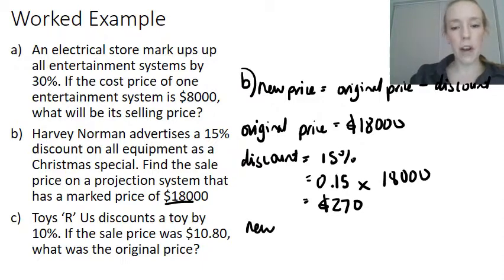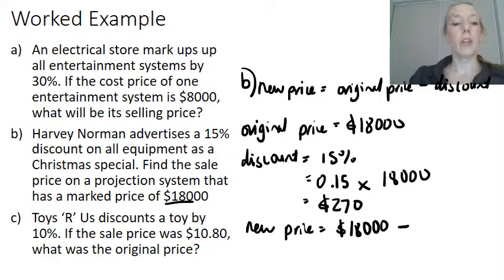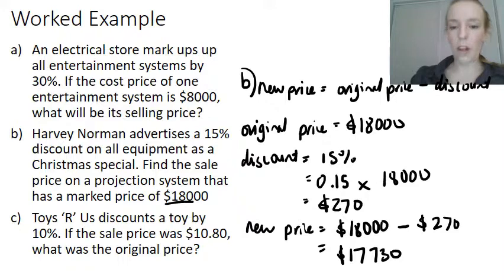Put those back into my formula. So our new price is going to be equal to our original, which was 18,000. That's how much the projection system normally costs. It's got a 15% discount, so they're letting you save a massive $270. So our new price is going to be our $18,000 minus our $270, which will give us $17,730.